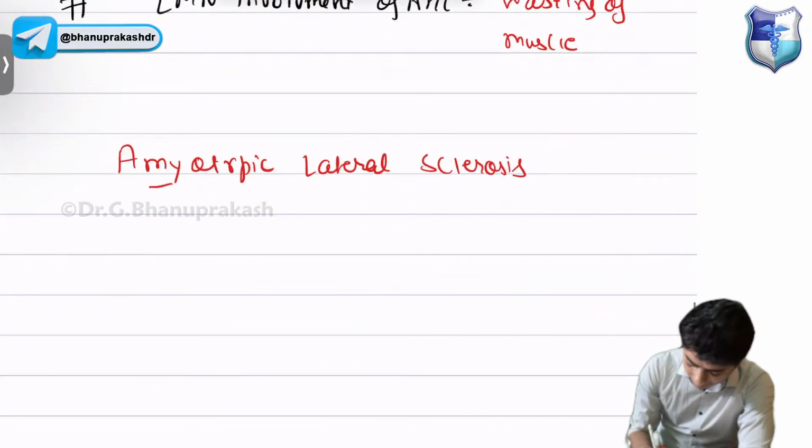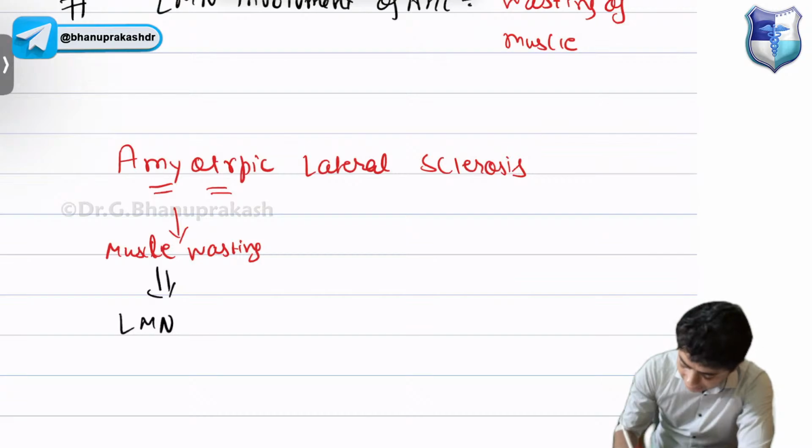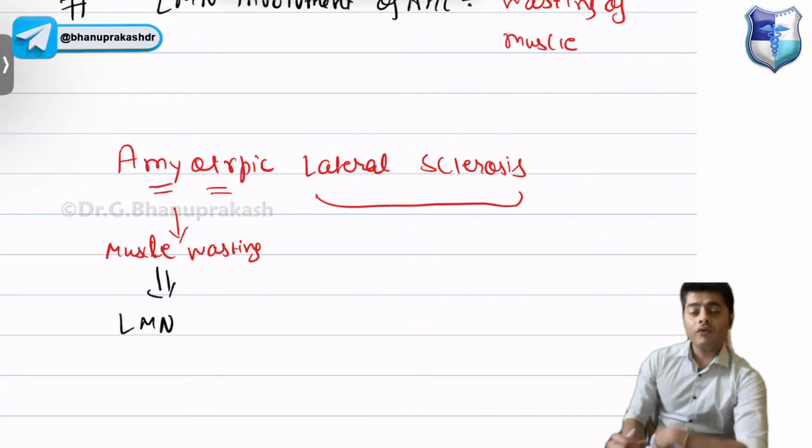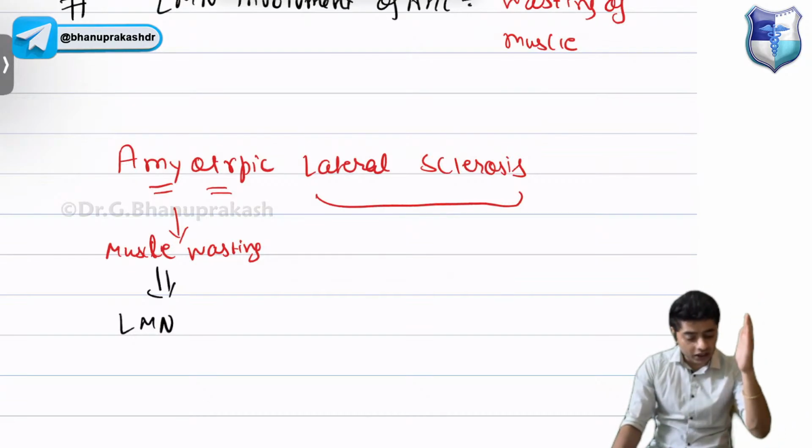What do you understand by amyotrophic? It means muscle wasting, which is due to LMN lesion. And what do you understand by lateral sclerosis? We all know the corticospinal tract passes through the lateral column of the spinal cord.